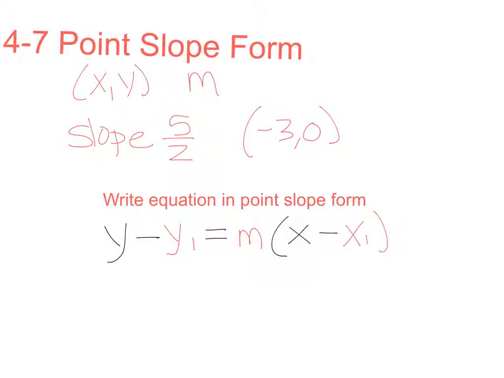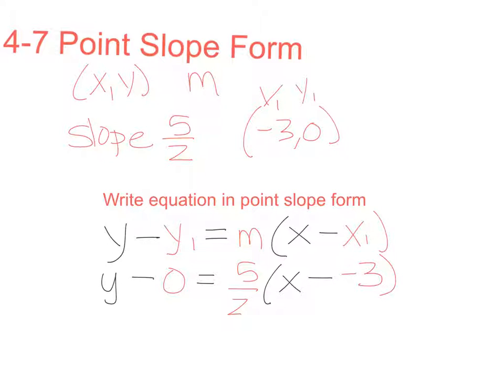Okay, so what we need to do then is we need to insert our slope and our point into this equation. So it's going to be y minus my y1, if I look up at my ordered pair, is 0, equals m, which is 5/2, parenthesis, x minus my x1, which is -3.